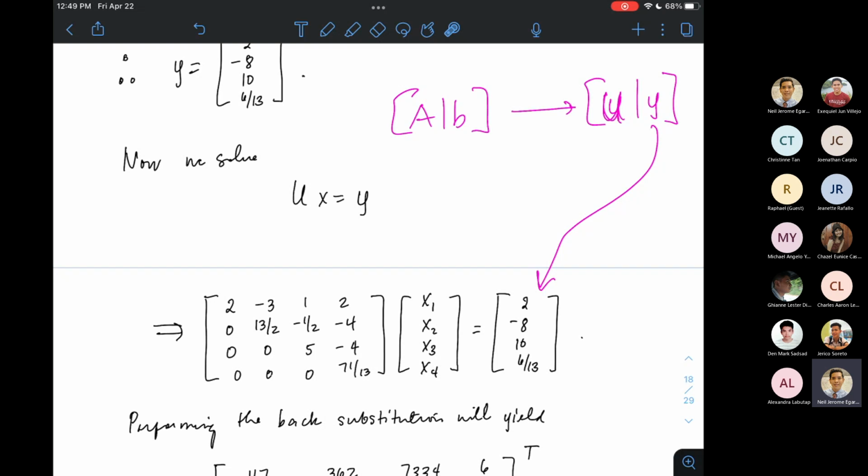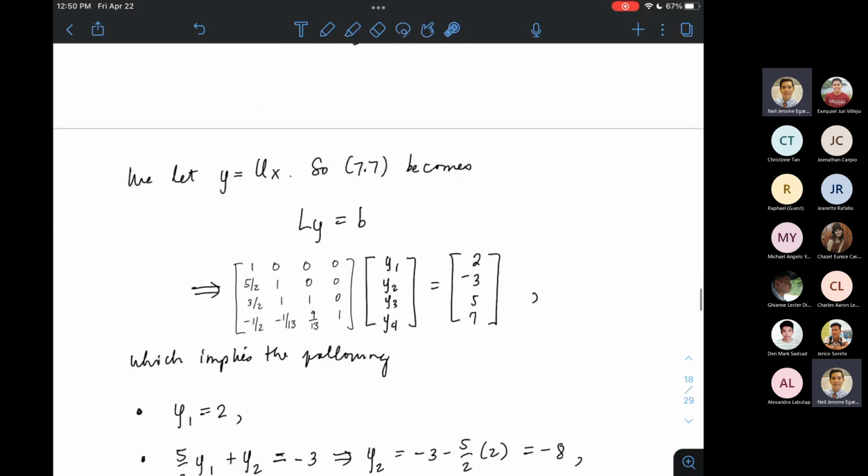Right? Pero ang kagandahan dito sa LU factorization ay kapag paulit-ulit mong gagamitin yung matrix A as the coefficient matrix of a linear system, hindi mo na kailangang gawin yung Gaussian elimination ng paulit-ulit. Kasi ang mangyayari lang, papalitan mo lang yung B dito. Okay?